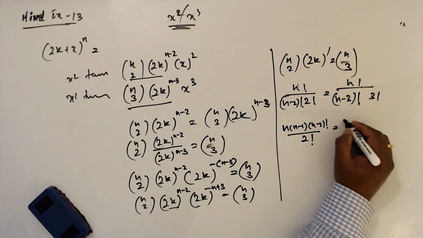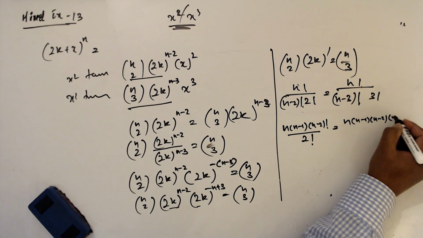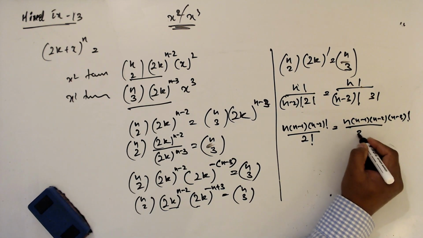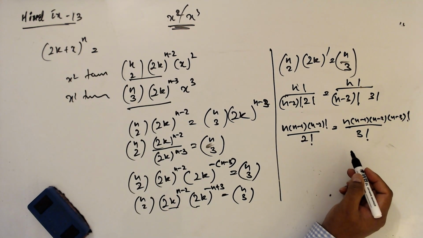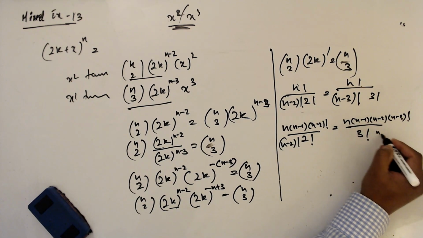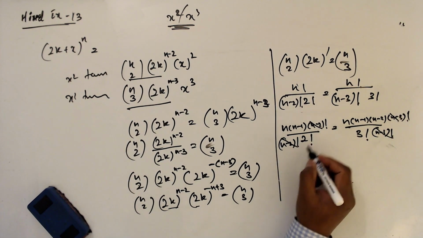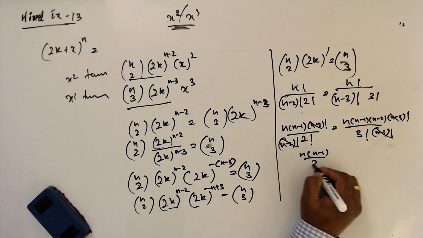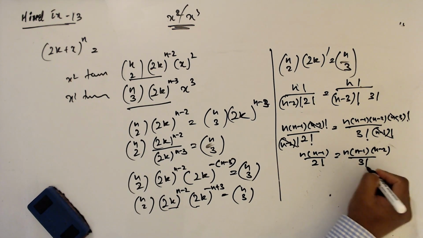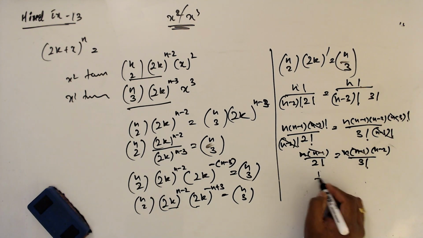This is n times n minus 1 times n minus 2 times n minus 3 factorial over factorial 3. Now I can cancel out the n minus 2 factorial here and the n minus 3 factorial here. So n over 2 and n times n minus 1 times n minus 2 over factorial 3. Now n cancels out, n minus 1 cancels out. So this is 1 over 2.